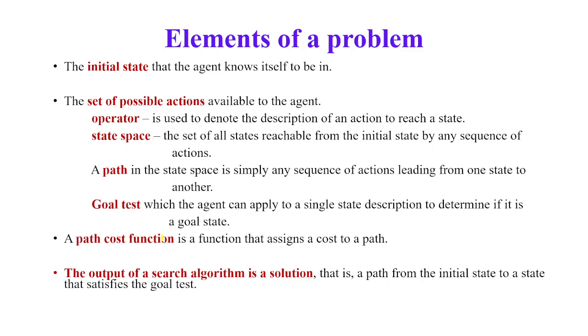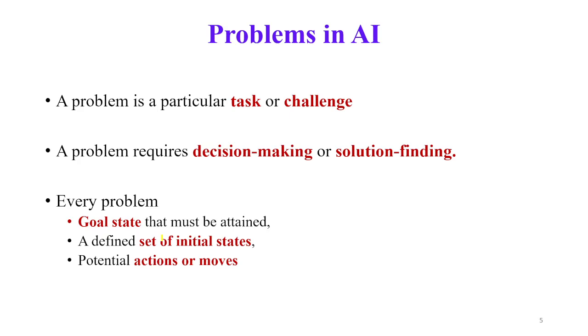Next, we will talk about problems in AI. So, what is a problem? A problem is nothing but a particular task or a challenge that requires decision making or solution finding. In AI, every problem must have three things.